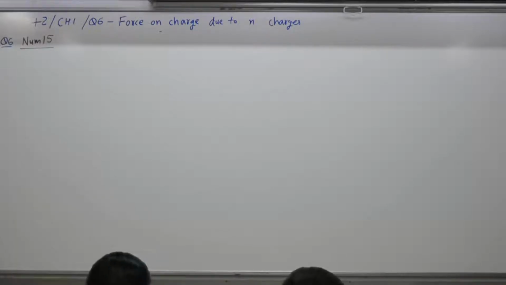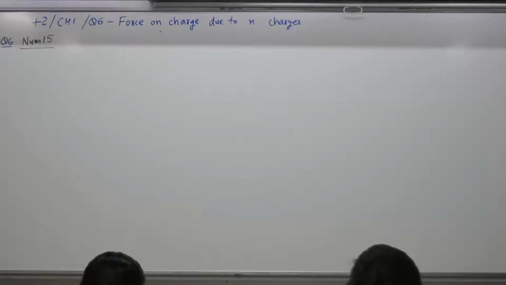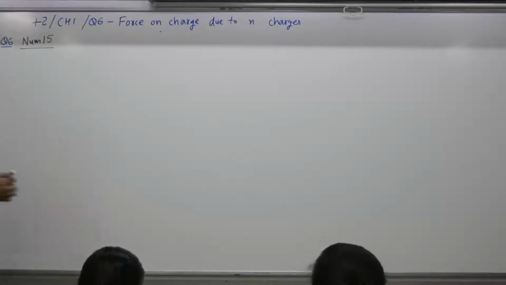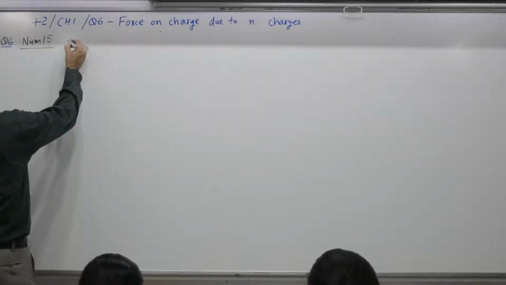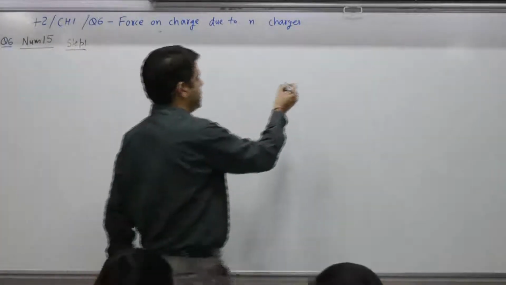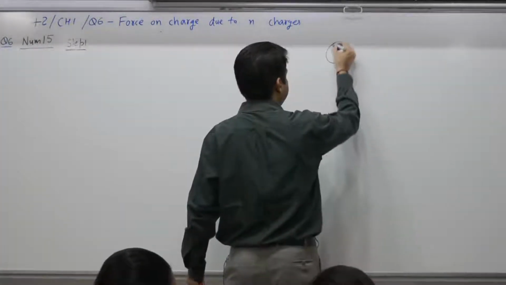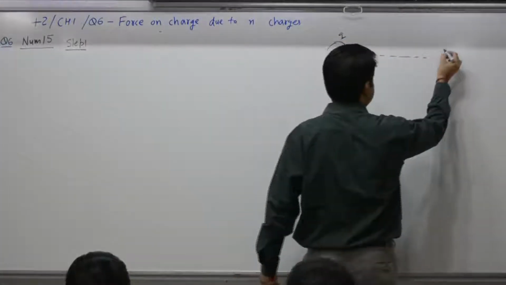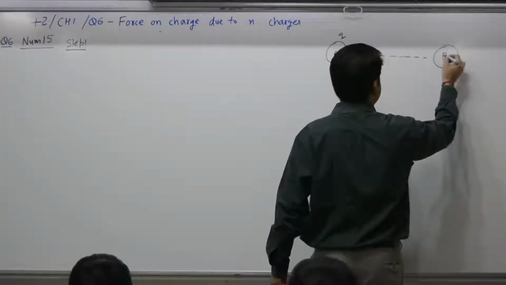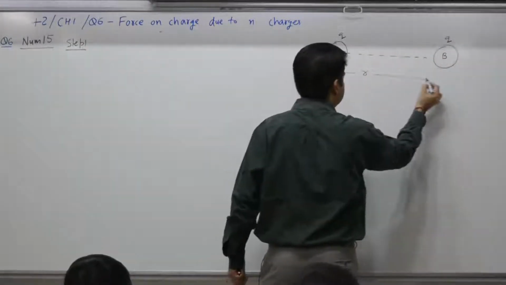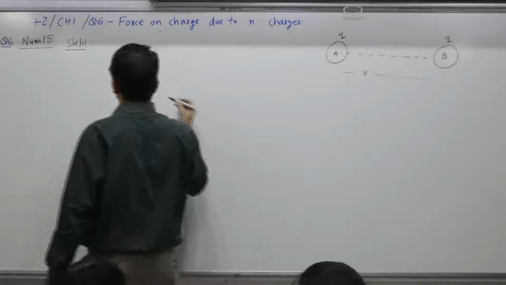Two spheres, similarly and equally charged, repel each other with a force 2 into 10 to the power minus 5. Step 1. There are two spheres, sphere A having charge Q and sphere B having charge Q, separated by some distance R, repelling each other with a certain force.